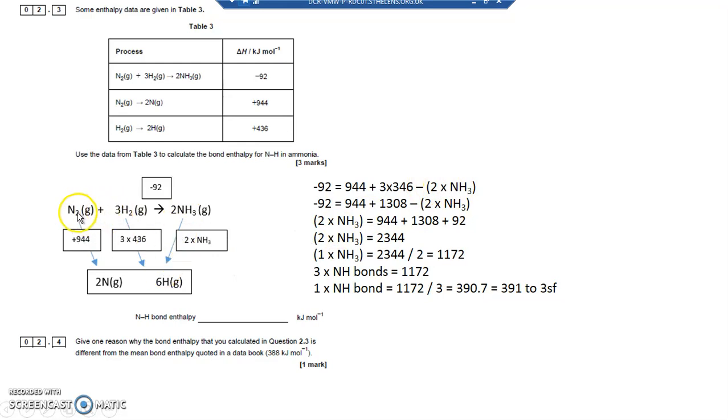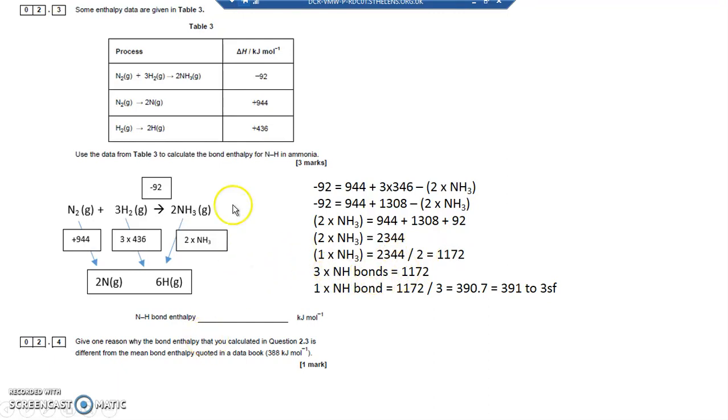So the N2 and 3H2 come down to these atoms, and then go to two lots of NH3. If I reverse that sign, it is minus 92. So let's take this across the other side. 2 NH3 is the same as 944 plus 1308 plus 92. 2 lots of NH3 is 2344. 1 NH3 is 2344 divided by 2, which is 1172.